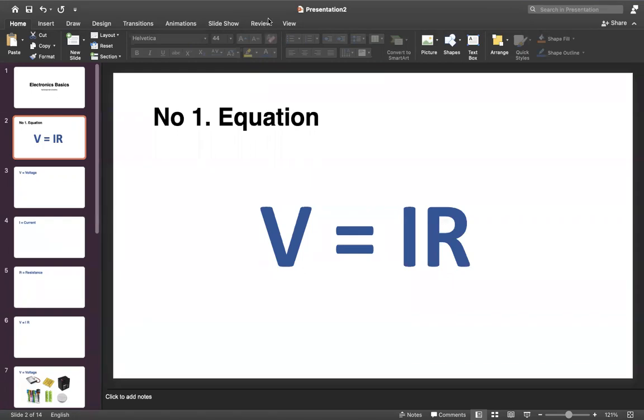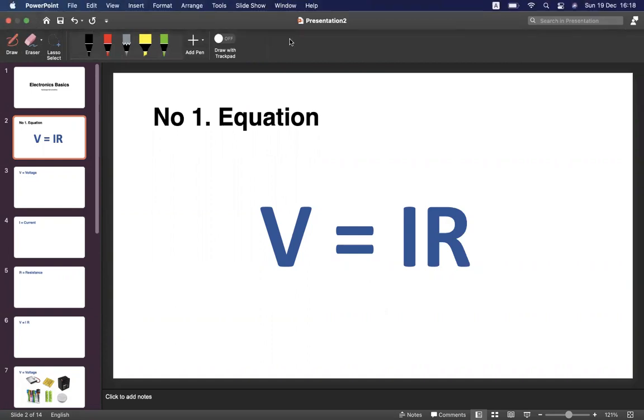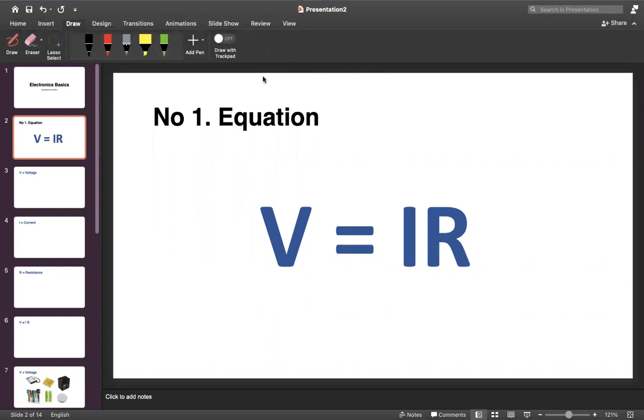You can unmute your mic and speak up. Yes. Okay. Brilliant. And then have you heard current? And have you heard the word resistance or resistor? Yes, sir, I can remember. Right. Brilliant.